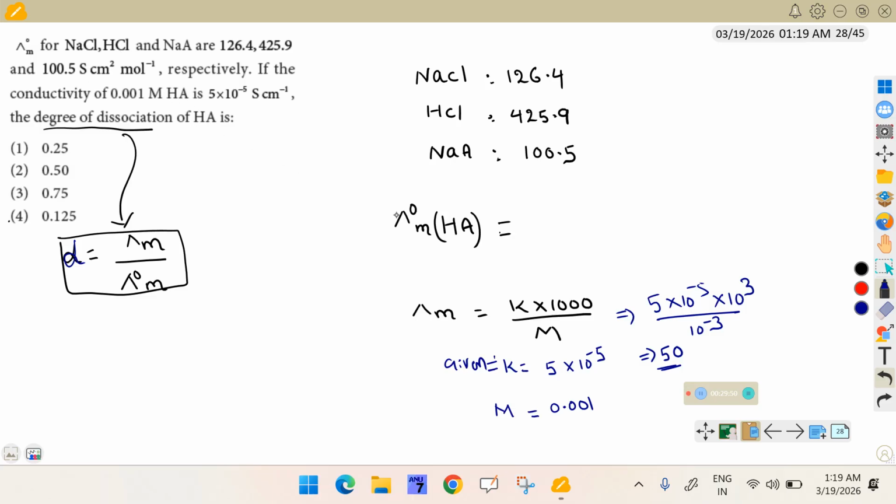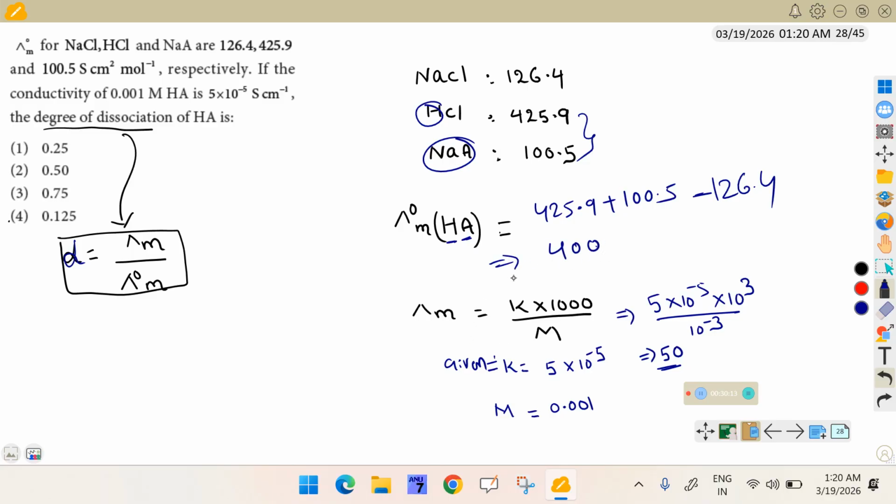First of all, calculate the Λ°m value of HA. H is present in HCl, A is present in NaA. So add these two values, 425.9 plus 100.5, and the remaining value you can subtract. Then you will get 400.